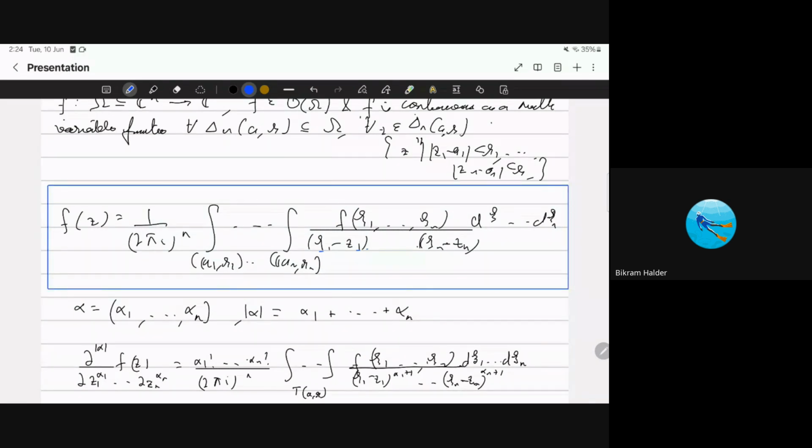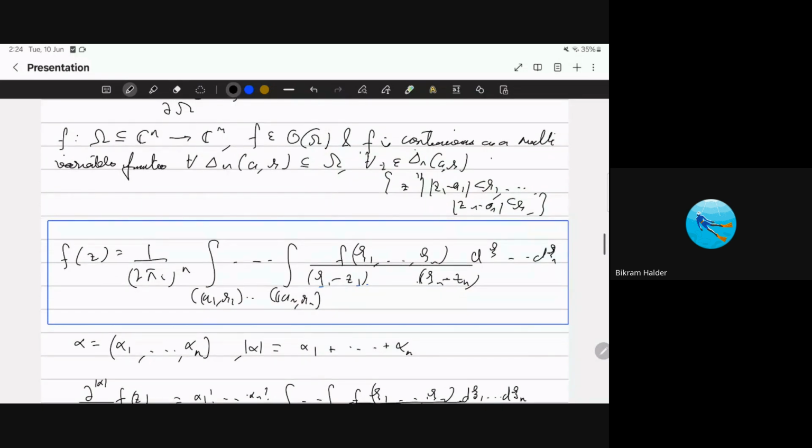And note that the order of the integrals, and being able to write it in this form, in the naive proof is dependent on the continuity as a multivariable function. But later on it was proved by Hartogs that this continuity is superfluous, and just having separate holomorphicity is enough to give this result.